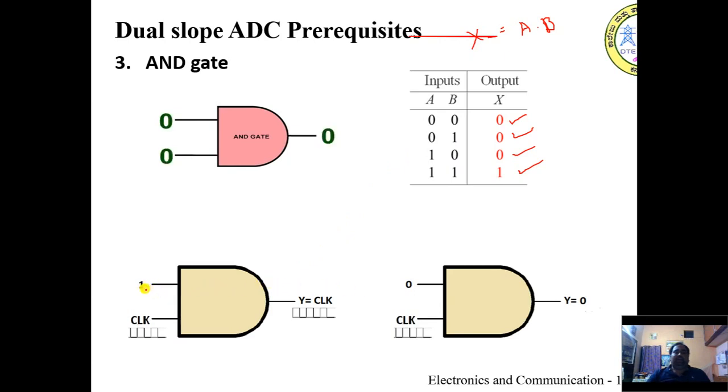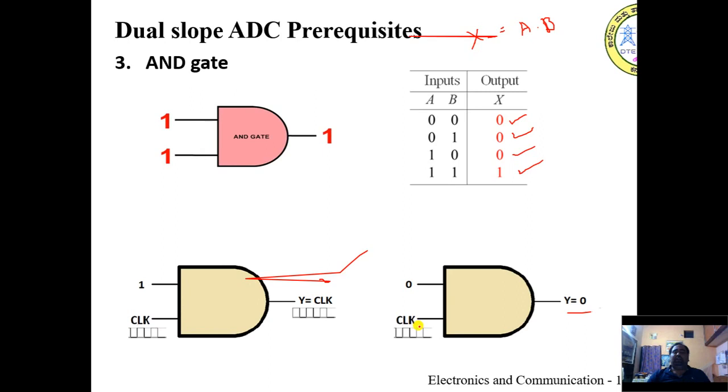If the comparator output is 1, then whatever the clock signal is, as it does the multiplication operation, clock into 1 is nothing but the clock signal, which will be available at the output terminal. If the comparator result is 0, 0 into clock, or 0 into anything, will result in 0. Means this AND gate either passes the clock to the further stage or it may not.